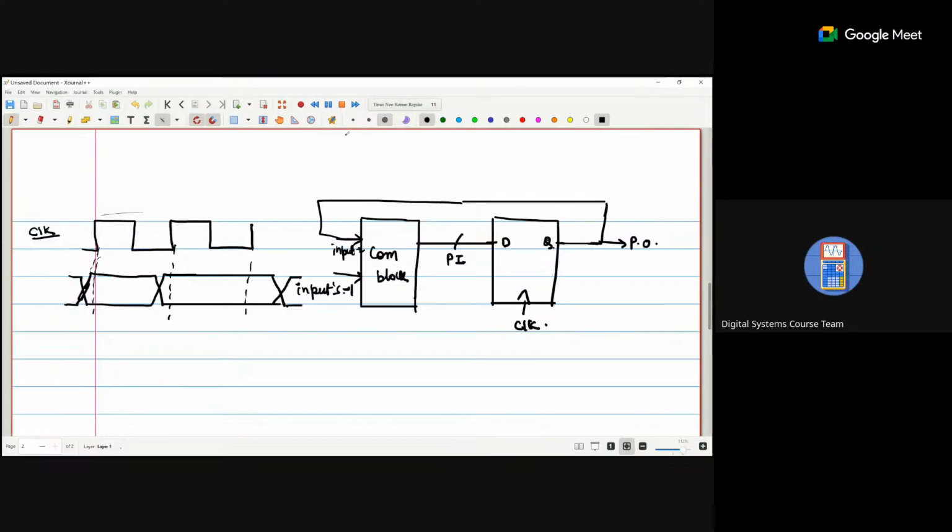Okay, that is the present input. Now we have the current state. I say these are the current states.